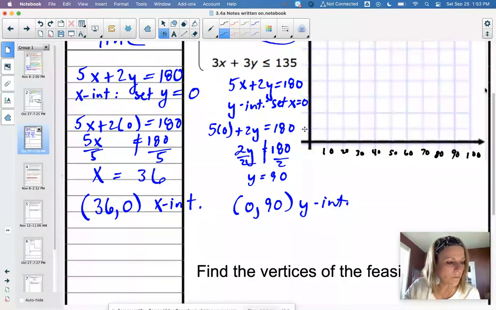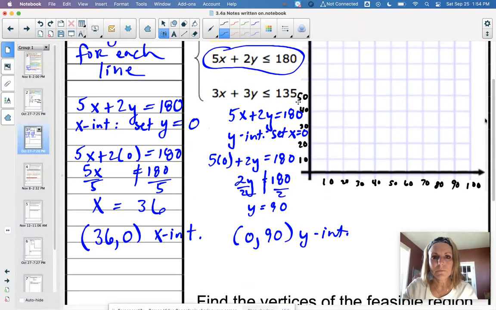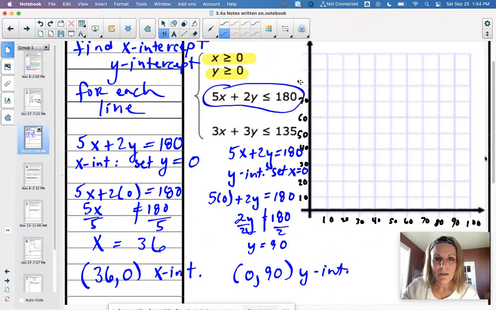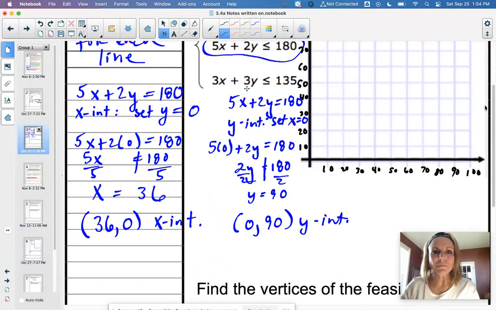And then going up this way, the same thing. 10, 20, 30, 40, 50, 60, 70, 80, 90, and 100. I'm just counting up by tens because otherwise my graph will go on forever.